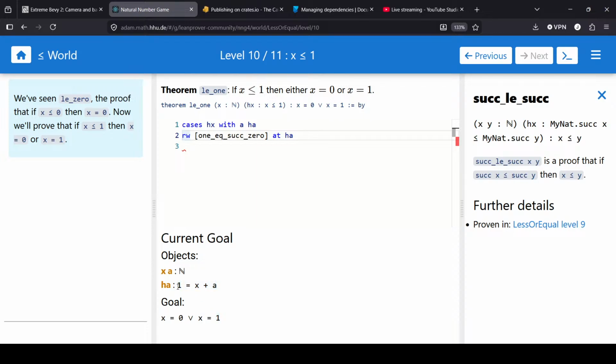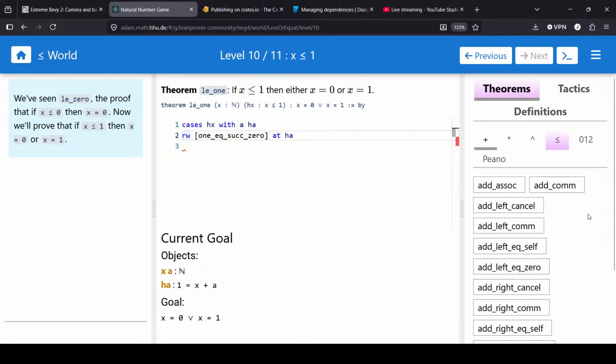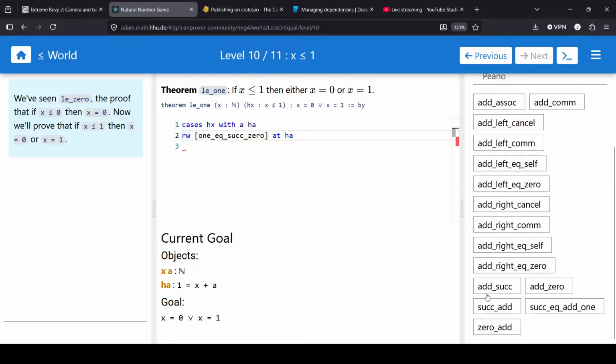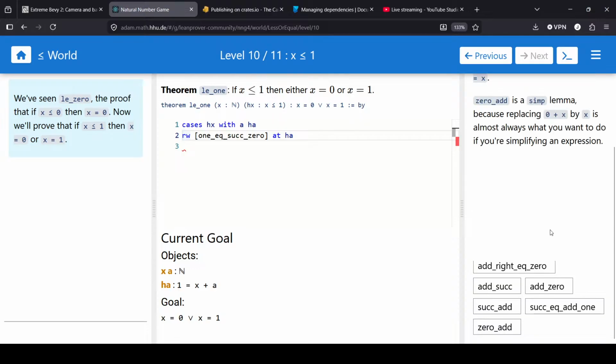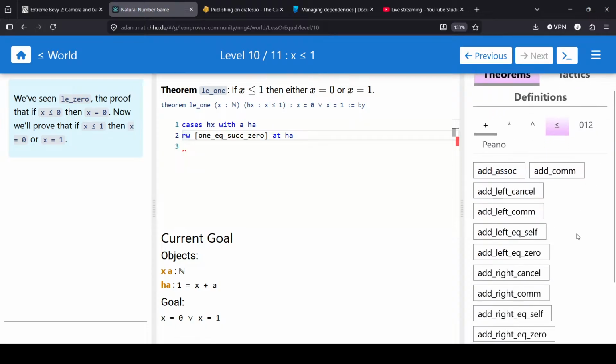Will that even work? If x is equal to x plus a, wasn't there something for this though?